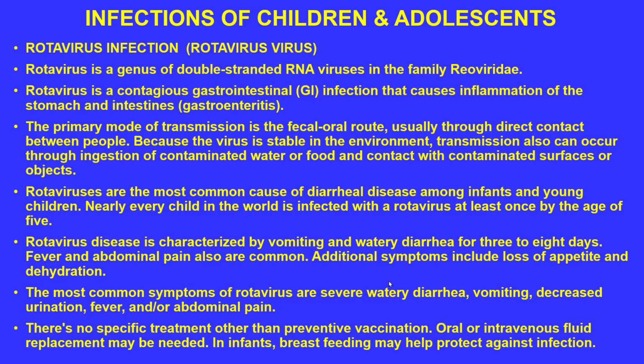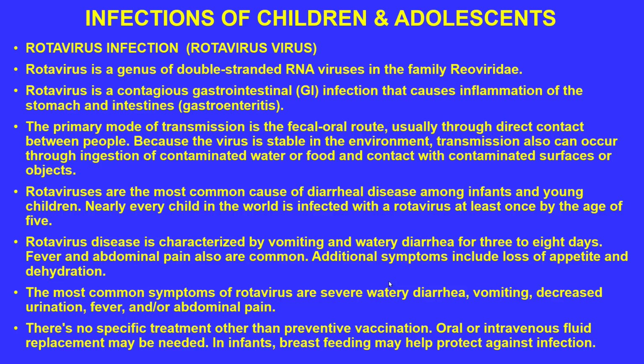Fever and abdominal pain are also common. Some of the additional symptoms include loss of appetite and dehydration. The most common symptoms of rotavirus are severe watery diarrhea, vomiting, decreased urination, fever, and abdominal pain.